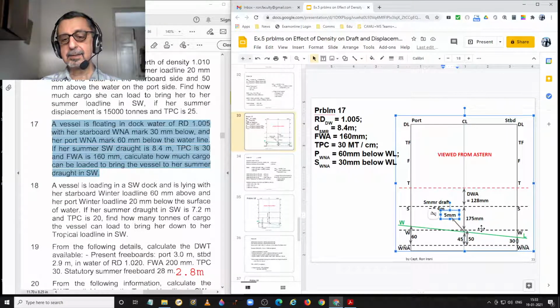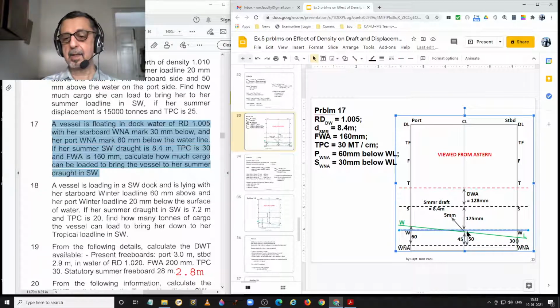That is this clearance from the winter load line. The winter load line on the center line is 5 millimeters above the water line.